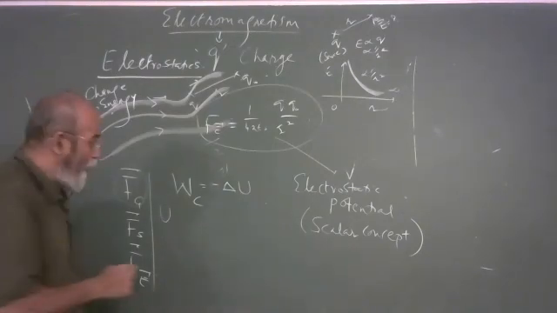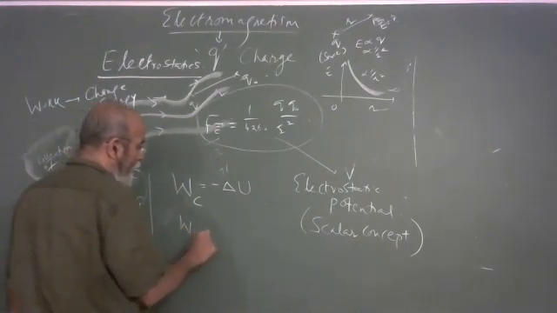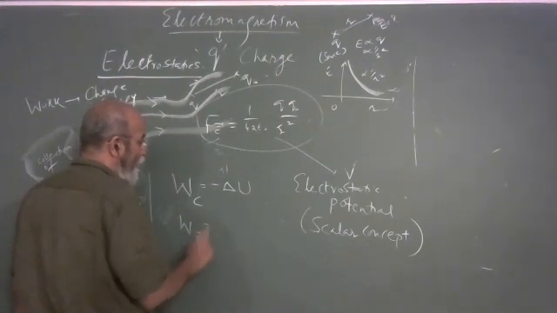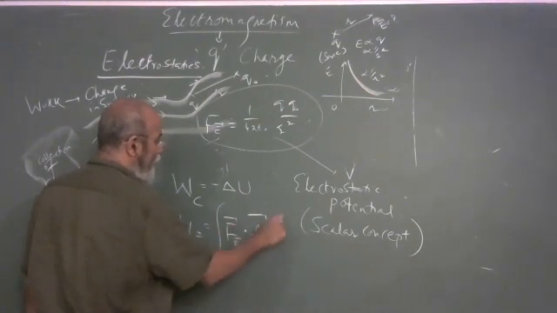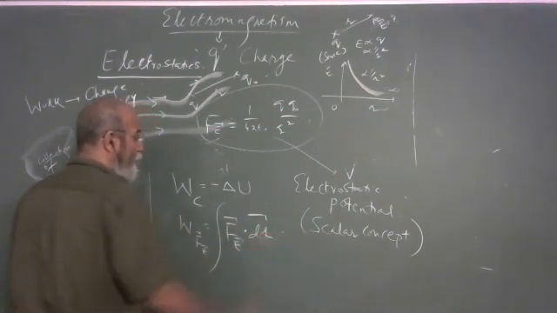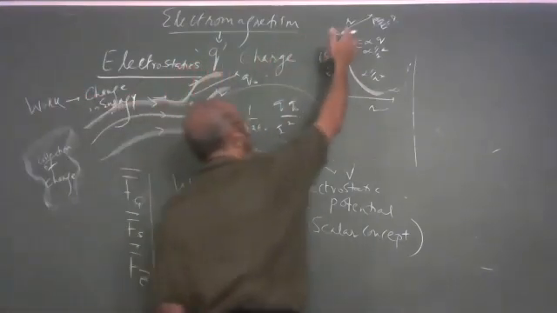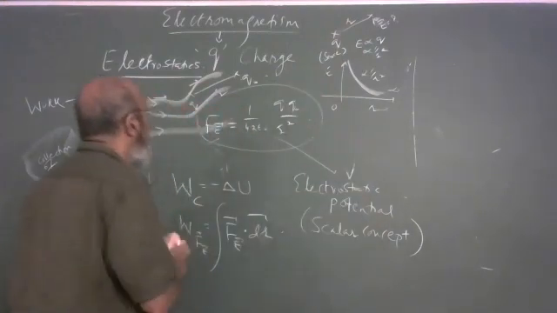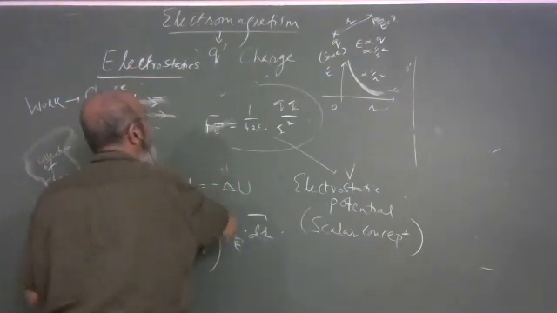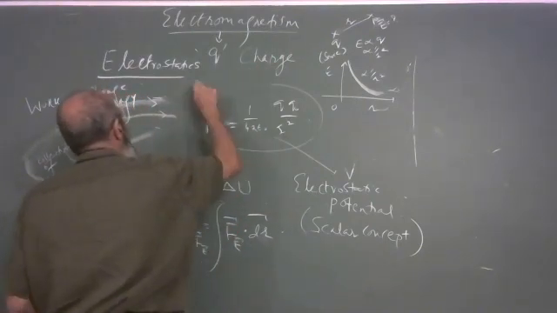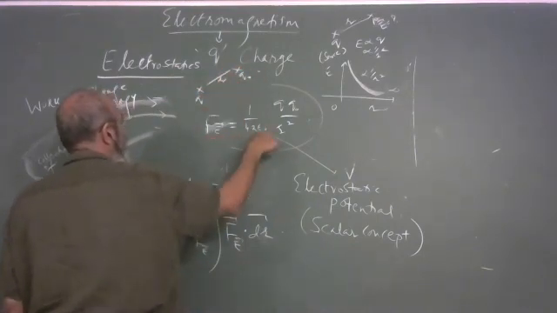So I accept that now work is being done by Coulomb's electric force, which is equal to the electric force dot ds, or dot dr to be more precise, since I'm using R. I have now my electric force between two charges Q and Q naught at a distance R given by this in magnitude.